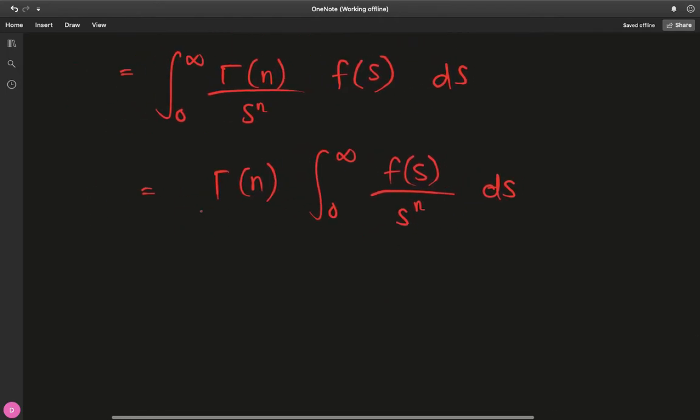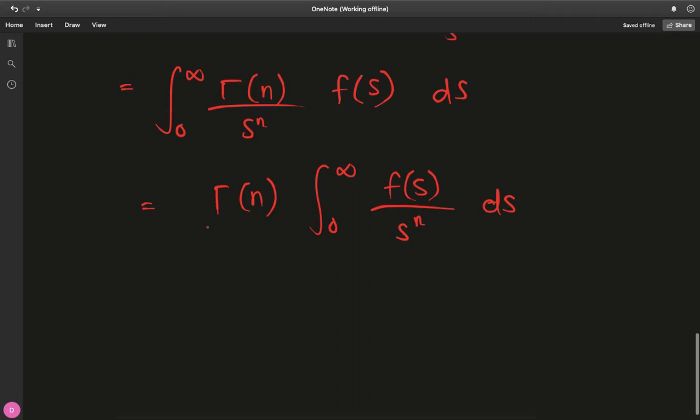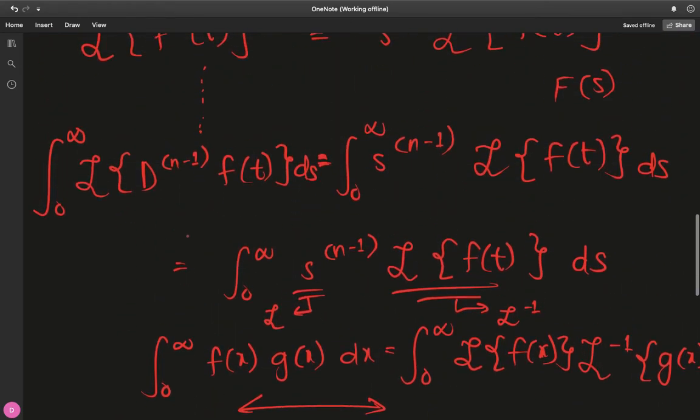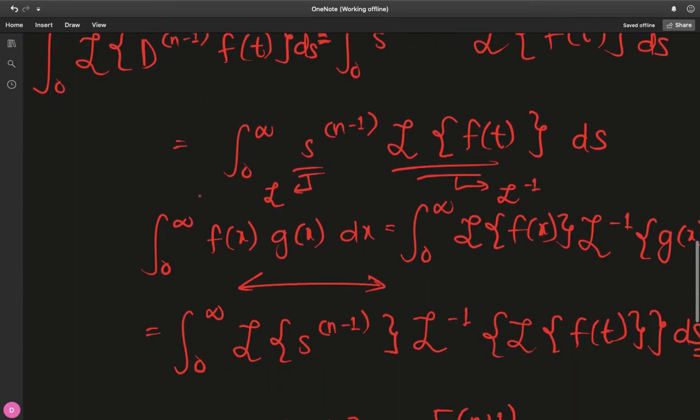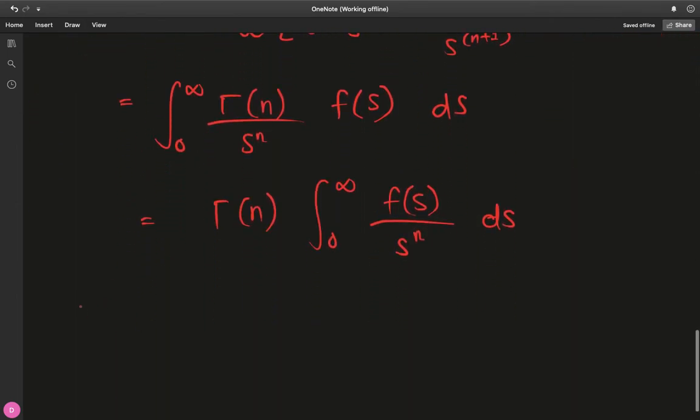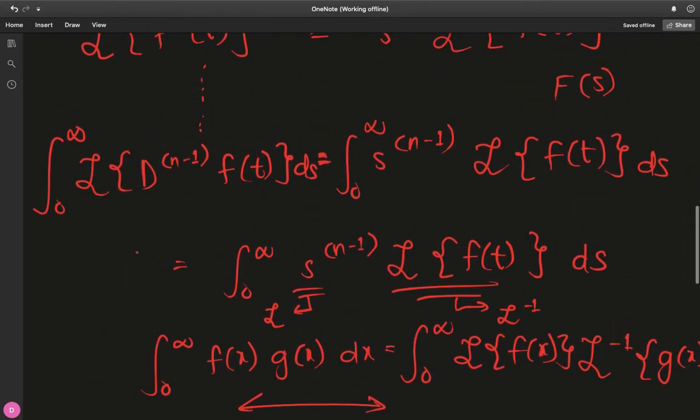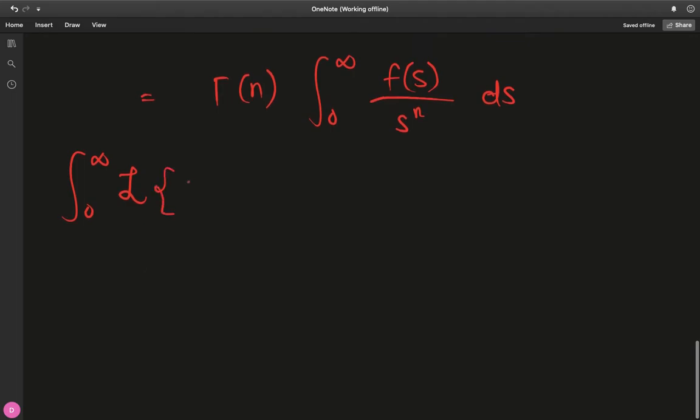Now what is this equal to? Well, let's look at the left hand side again. Left hand side was basically the integral from 0 to infinity of the Laplace transform of the n minus 1th derivative of f of t ds, right?